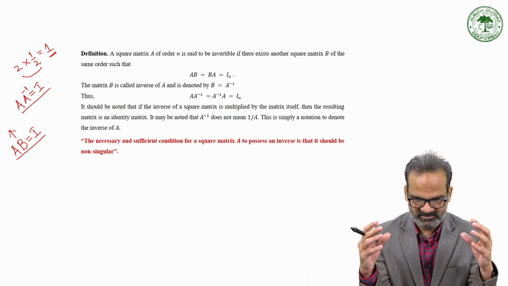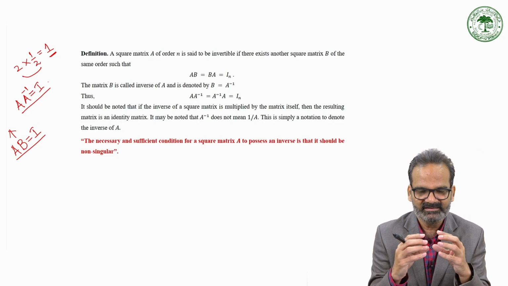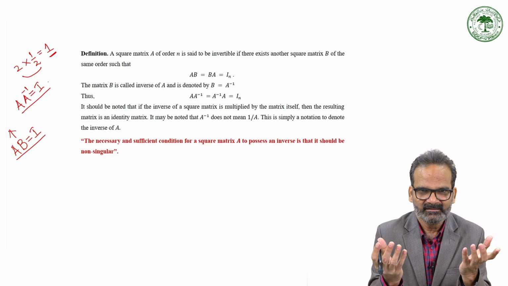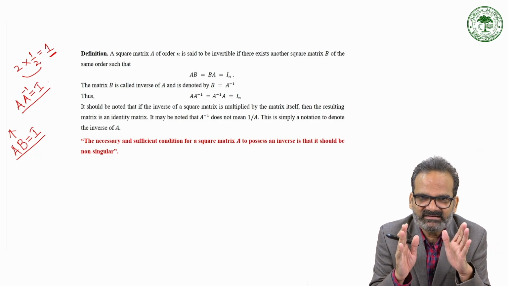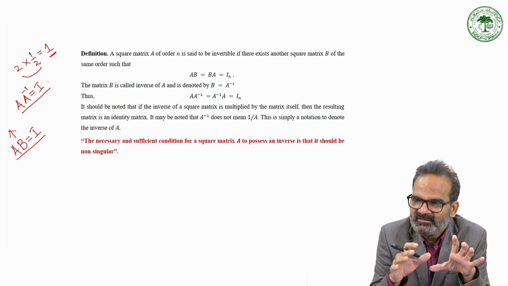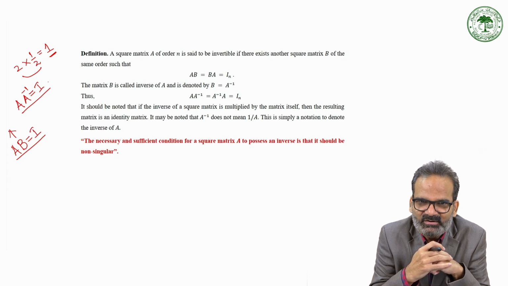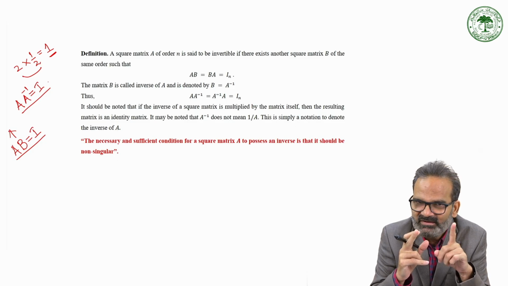So whenever two matrices of the same order are multiplied together and their product comes out to be an identity matrix, then both are inverses of each other. This is the basic idea to define formally the inverse of a matrix. It should be noted that if the inverse of a square matrix is multiplied by the matrix itself, then the resulting matrix is an identity matrix, right? This is the formal definition.